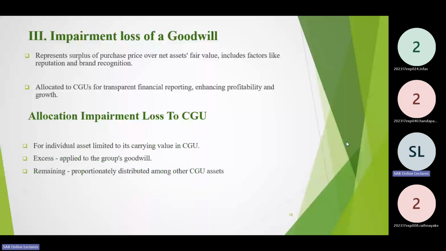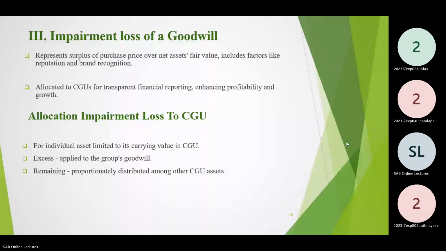These factors include reputation and brand recognition, transparent financial reporting, enhancing profitability and growth.